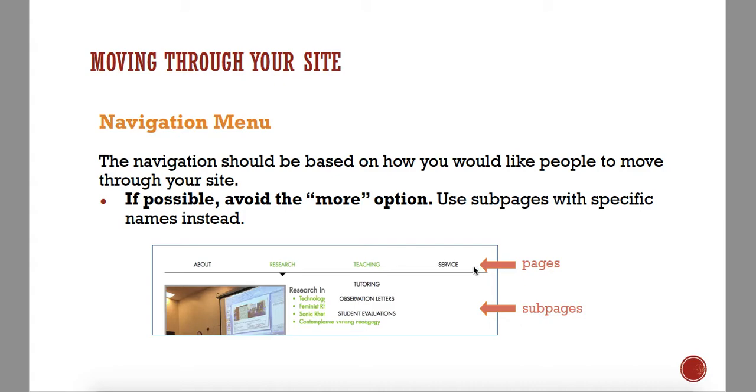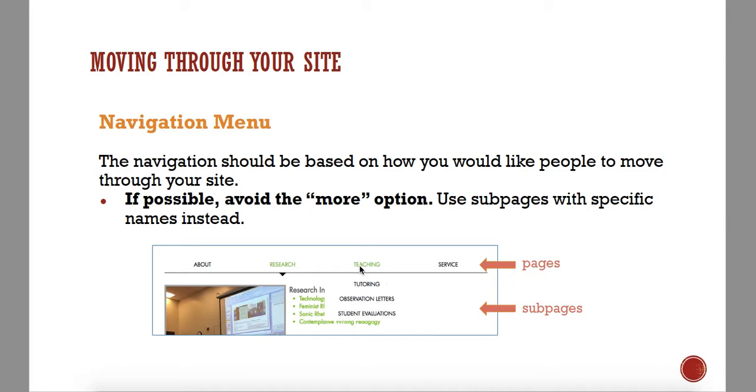One of the best ways to avoid that is to create a really simple organizational structure for your website that has all of your different pages organized under 3 to 4 main pages. In this example, our 4 main pages are about, research, teaching, and service. But this person has a lot of other things that they want to include beyond just those 4 pages, so they're utilizing sub-pages.